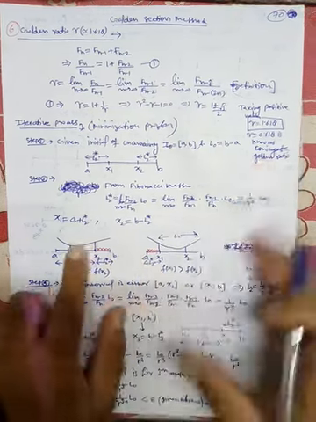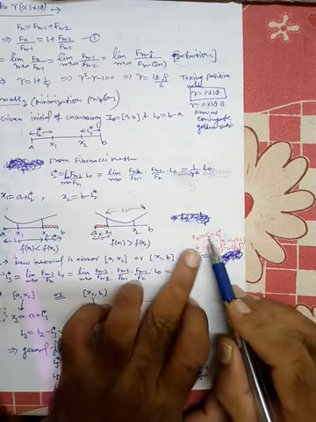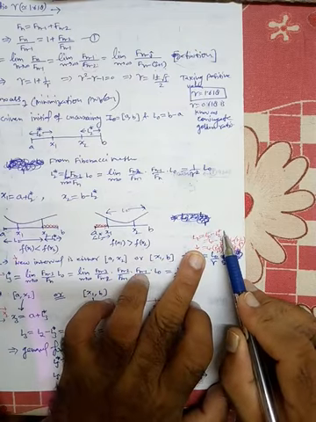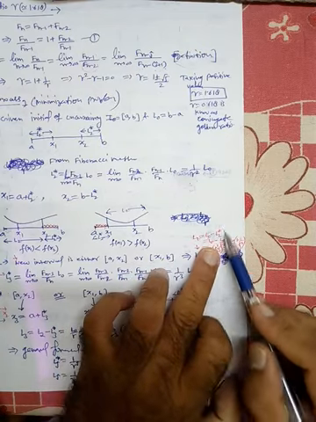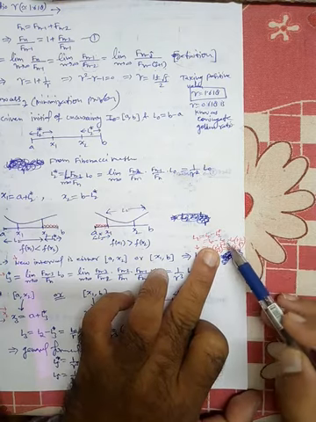So L2 will be L naught minus L2 star. L2 star is L naught by gamma square.